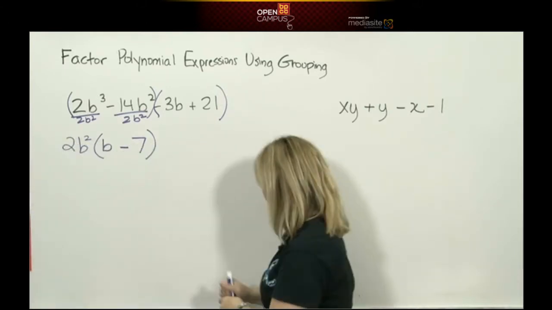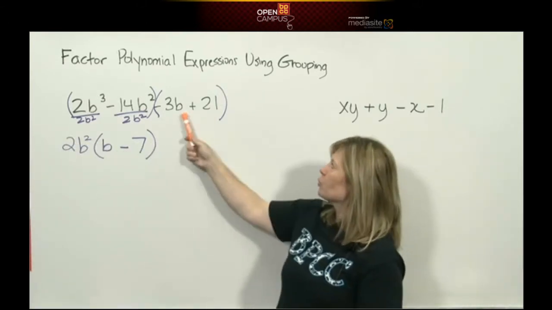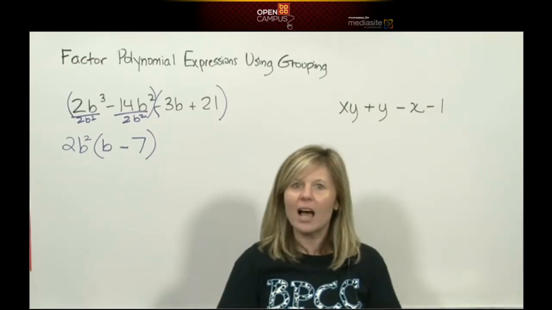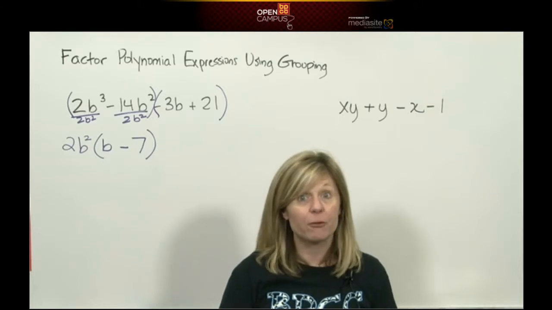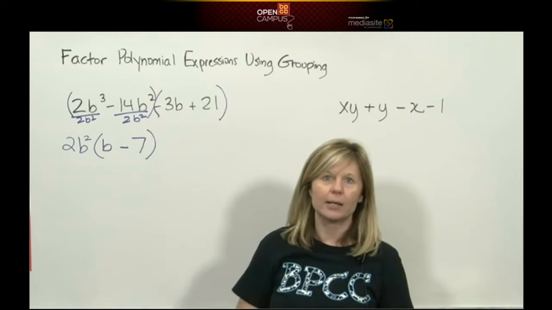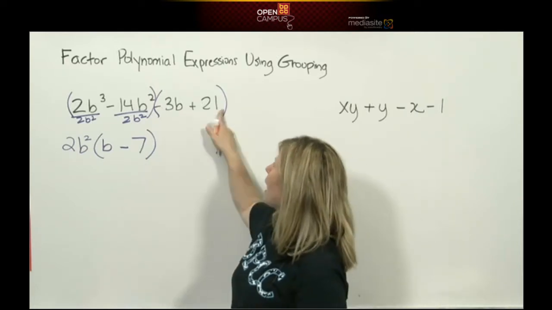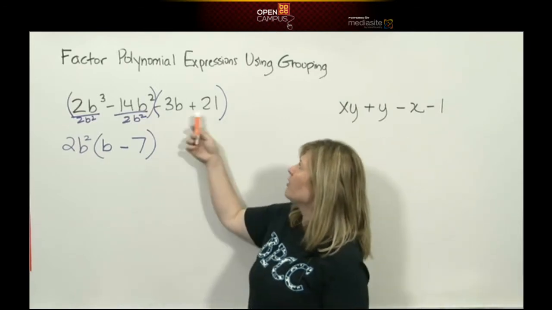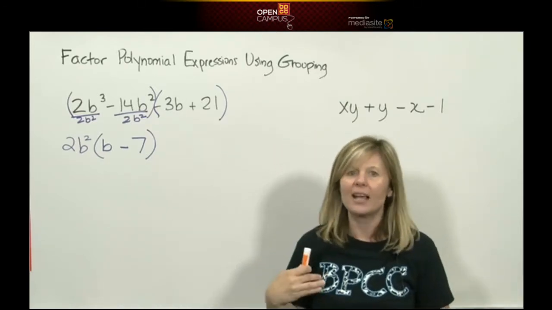Great? Awesome. Now, you also group the last two terms together. So now you're looking for their GCF. But realize their GCF is going to be different. What can we divide negative 3b and 21 by? Well, they both don't have a variable in common, but they both have a number, 3. Now it's important. Do we divide by positive 3 or negative 3?